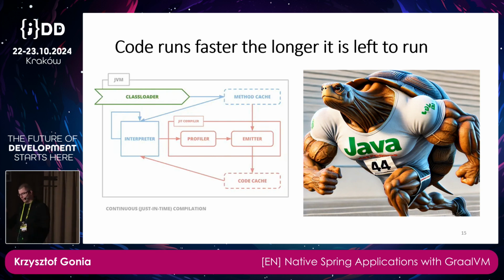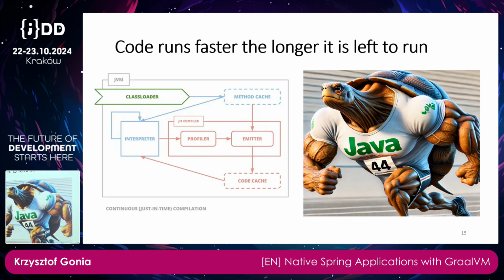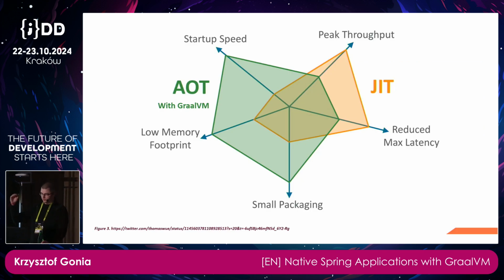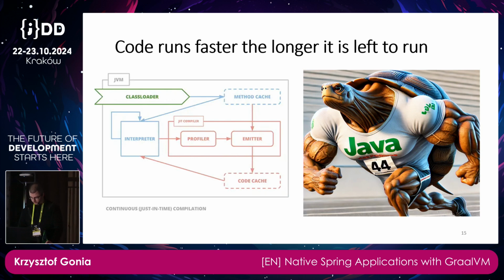You have if statements and other things that cause your code to be executed differently. So JIT optimizes your code to how it is actually executed, and after some time your code will be executed faster with the JIT compiler. This is why the JIT has higher peak throughput and lower max latency.